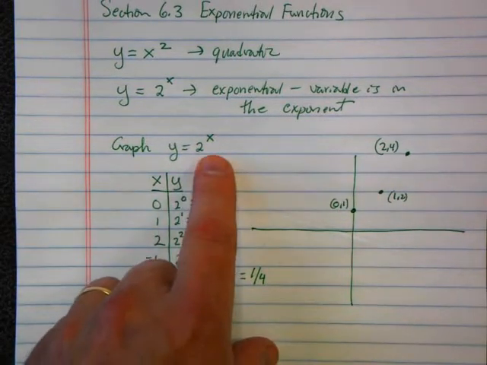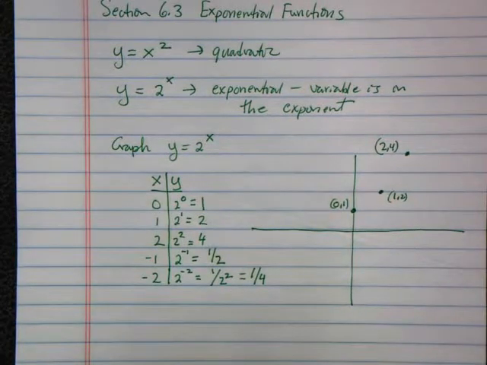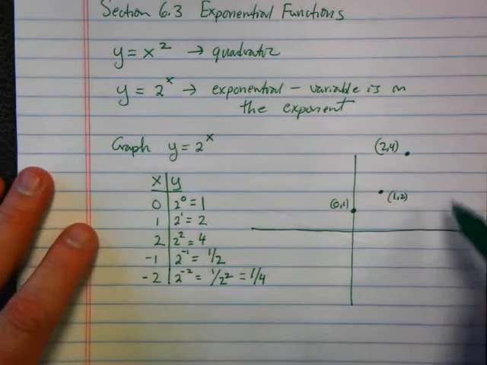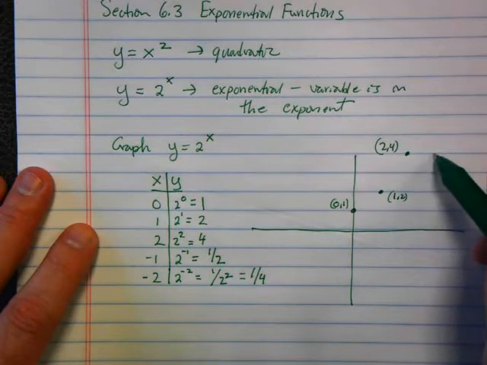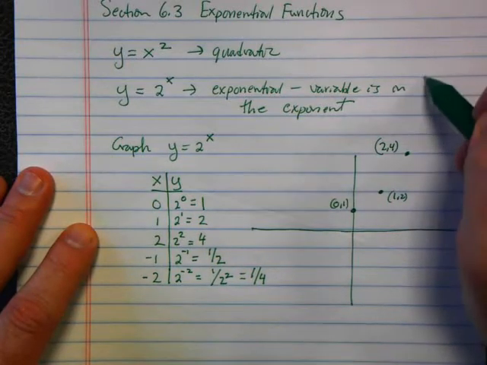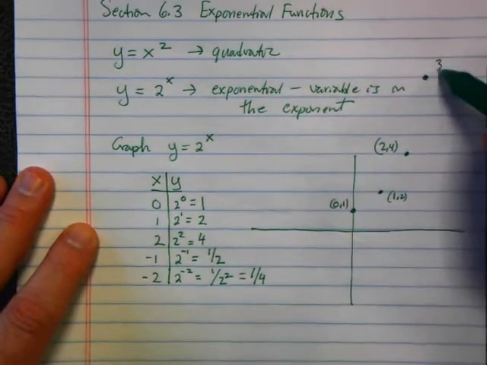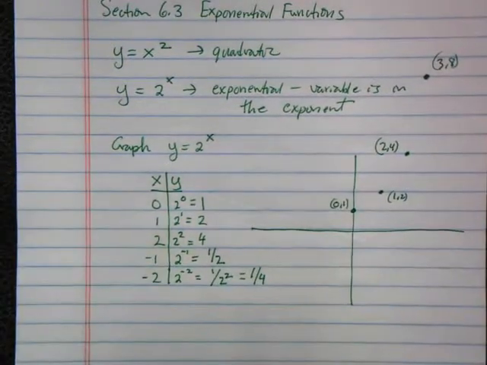I'd get 2 cubed. 2 cubed is 8. So what happens here? This starts to grow really fast. 8 would be way up there. If I plugged in 4, I'd get 16. The exponential functions go up really, really fast.